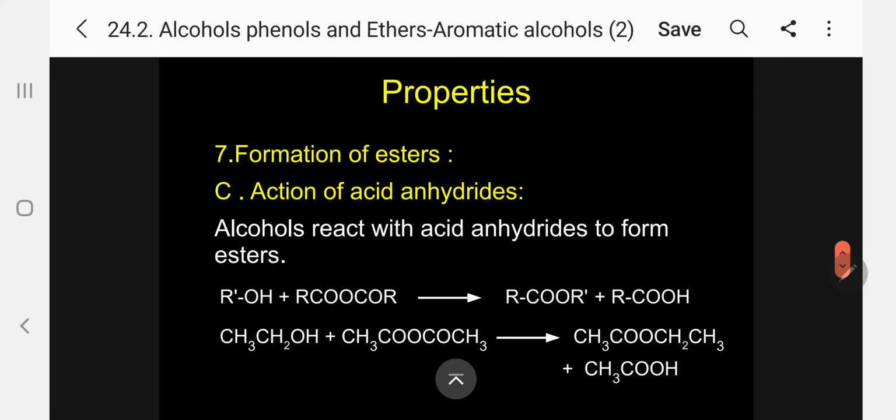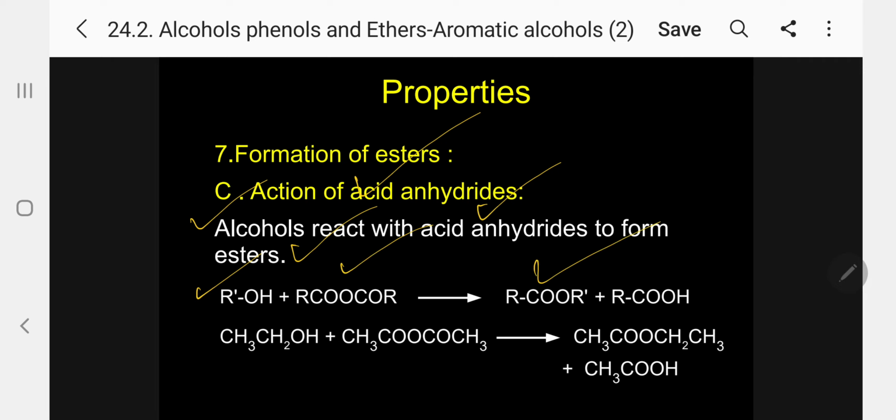And another one, from acid anhydride also, we can get ester with alcohol. Alcohols react with the acid anhydride to form ester. So 1 mole of ROH and 1 mole of anhydride produce the corresponding ester and a free acid. A specific example, let me take now ethyl alcohol.